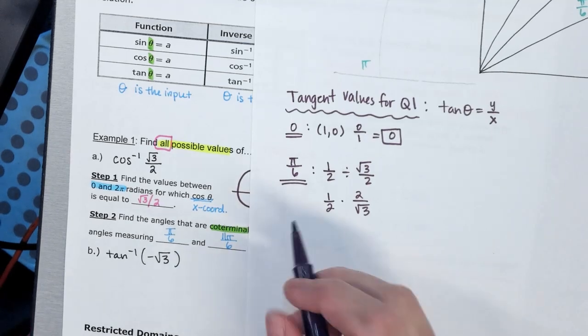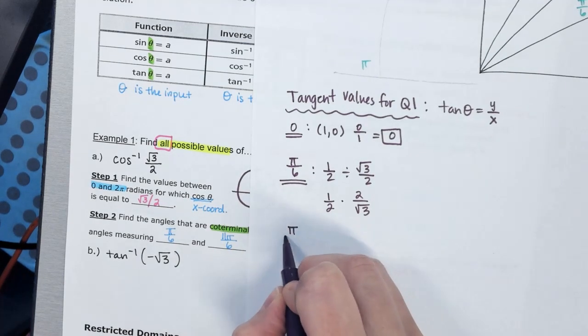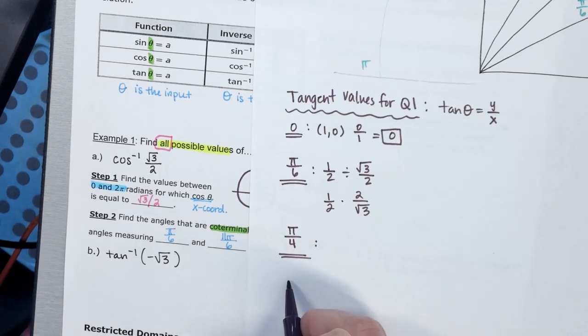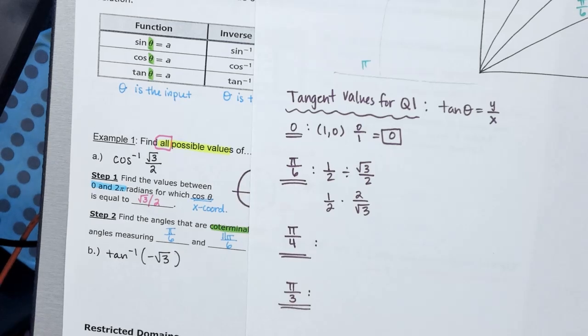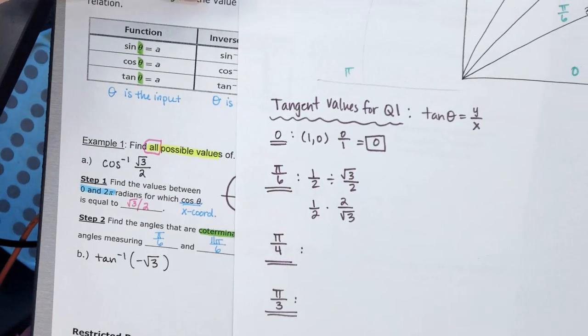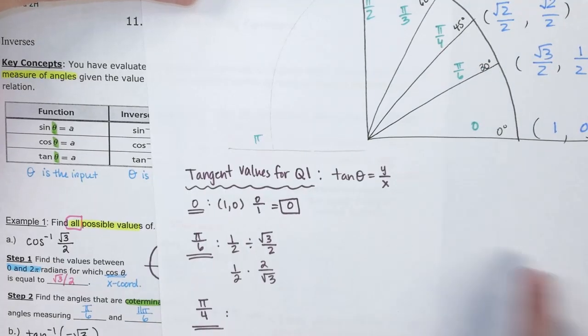And then I want you guys to simplify that. And then we're going to find pi over 4, pi over 3, and pi over 2. Yep, on the sheet. Yep.